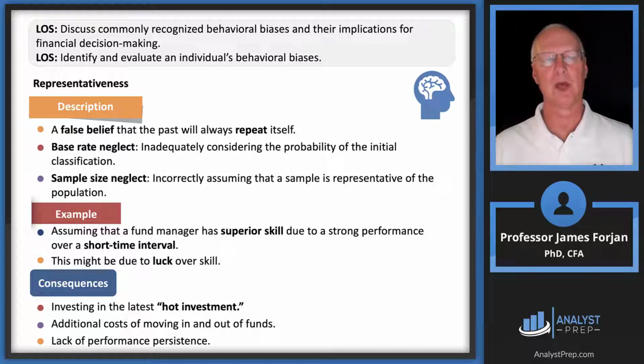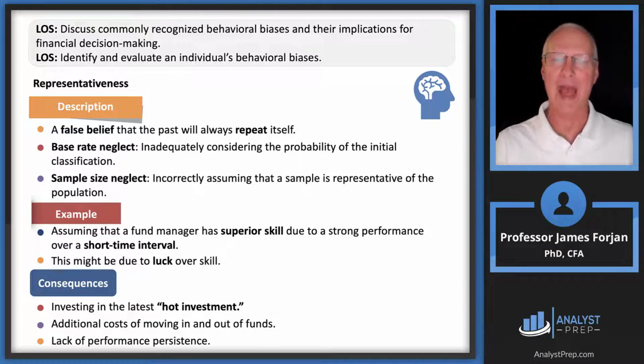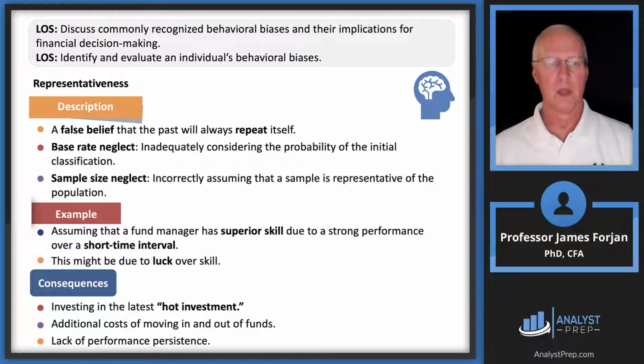So think about this in two sections here: base rate neglect and sample size neglect. What this means is that we're probably making mistakes based on what we believed in the past, and the likelihood that some previous event is going to reoccur. Now, of course, the main issue here for representativeness is not just the belief that history will repeat itself, because we know this happens all the time, right?